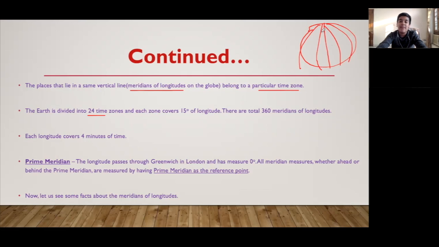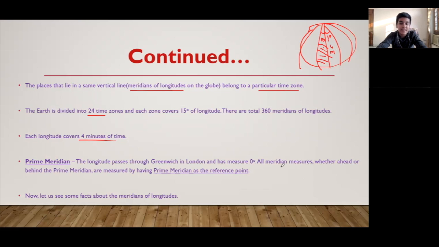So if there is a gap of 15 degrees from here, then this whole area will make one time zone. Each degree of longitude covers 4 minutes of time. So if the angle between these two longitudes is 1 degree, the time difference from this longitude to this longitude is 4 minutes.